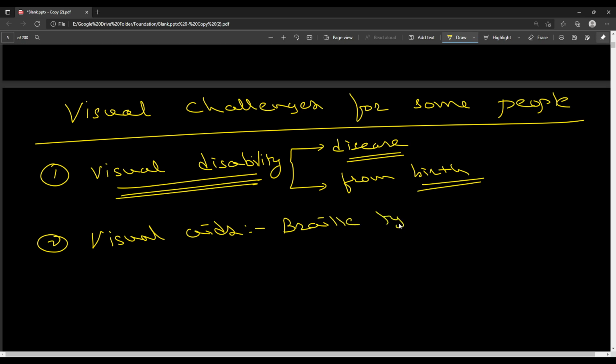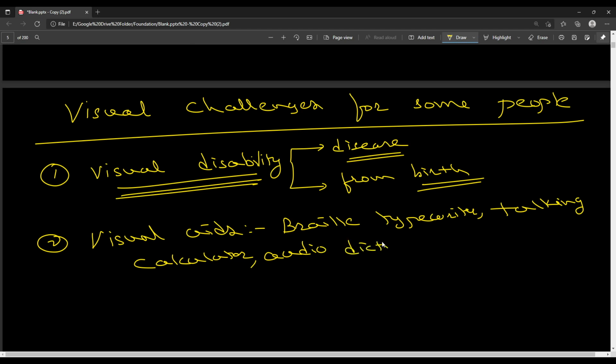We have a typewriter with Braille. Then a talking calculator: a person with visual disability cannot see or use a normal calculator, so for such people we have a talking calculator, which will speak, even the calculation part. Then we have audio dictionaries as well these days. So these are certain devices which can help.